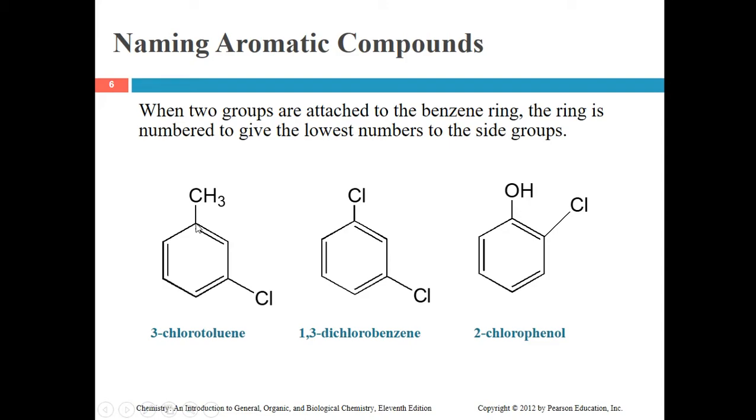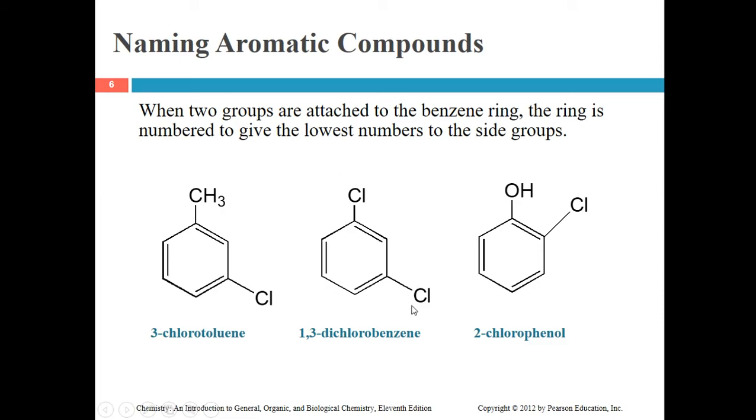We automatically start our numbering right here as 1, but we don't have to say 1 because it's understood, since this is toluene. So 1, 2, 3. Our chlorine group is on carbon 3. You go, well, what if I had gone the other way? 1, 2, 3, 4, 5. Could I have said 5? Well, you could have said 5, but it would have been wrong. Why? Because 5 is a bigger number than 3. You're going to use that smaller number. So 3-chlorotoluene.